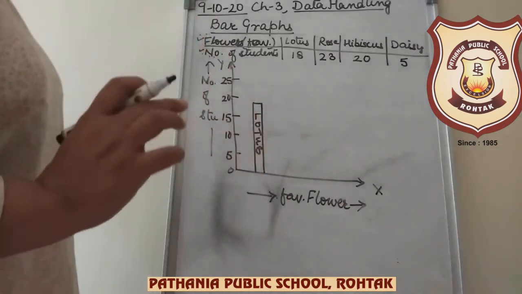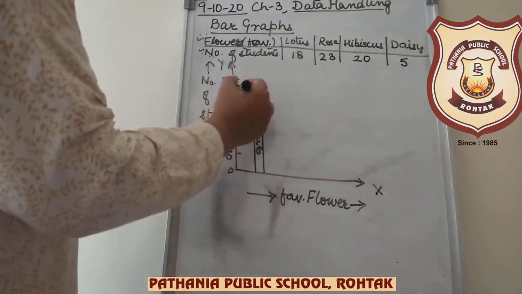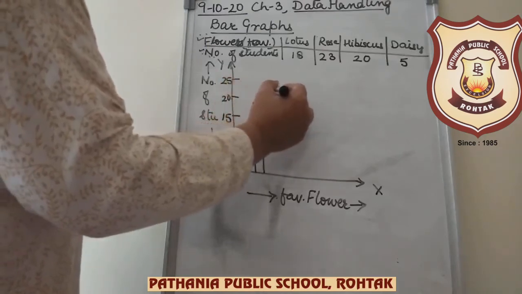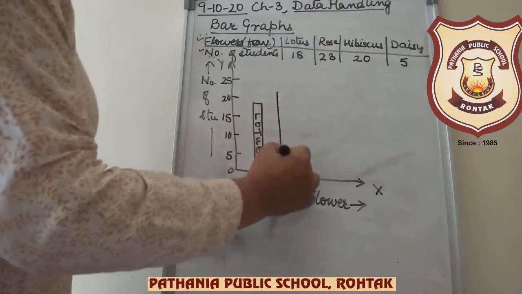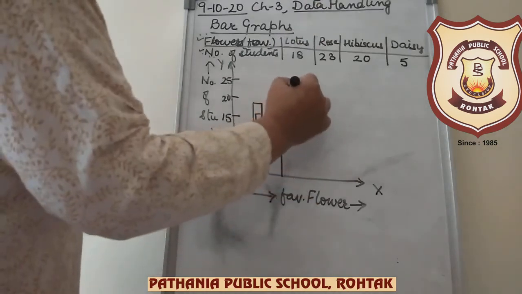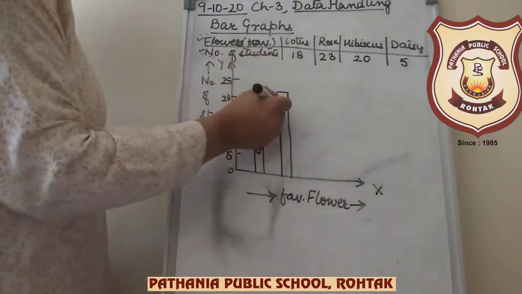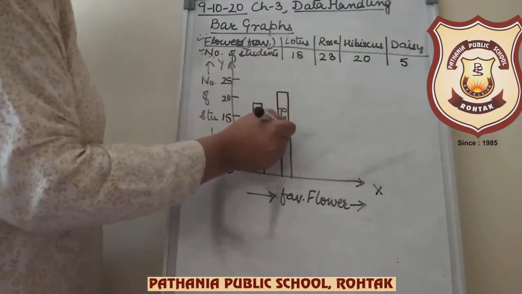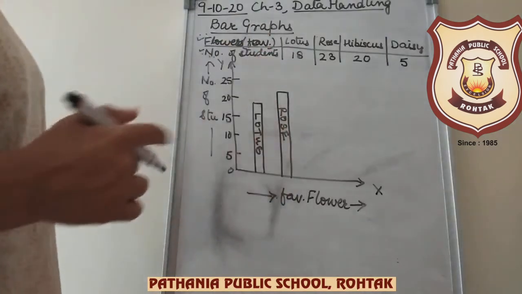You have written here. Then comes 23. 23 is again going to be somewhere here. So this is rose. I have written, this bar represents rose.